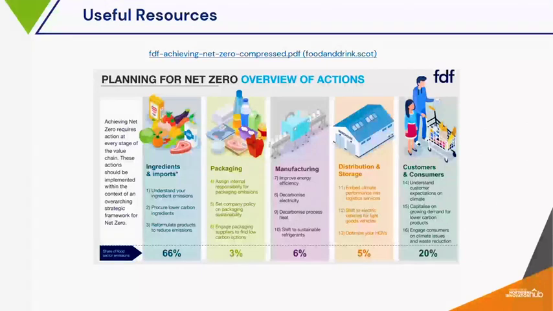And see what can be applied to your context. The same handbook has some actions divided by category. So you have 5 different categories and what you can do to improve your performance in those categories. For example, in manufacturing, although manufacturing is responsible for only a small proportion of food and drink carbon emissions, they can reduce their footprint straight away.